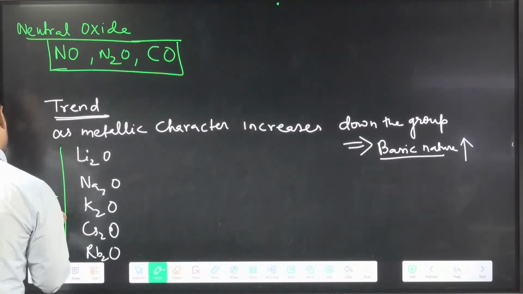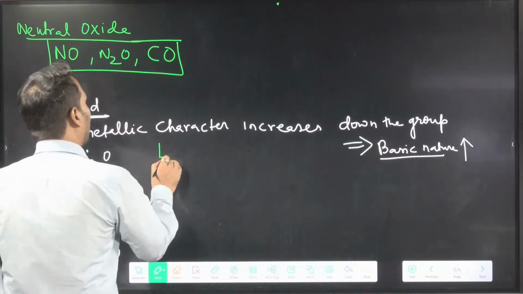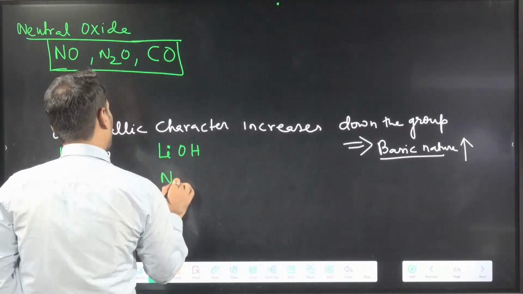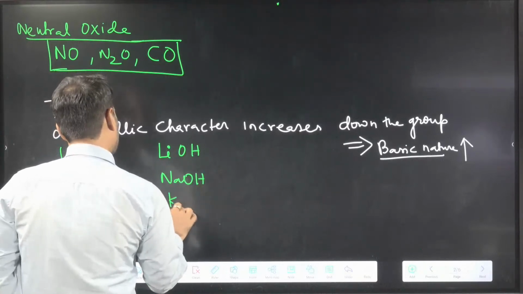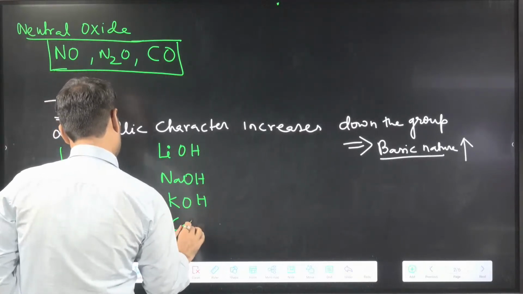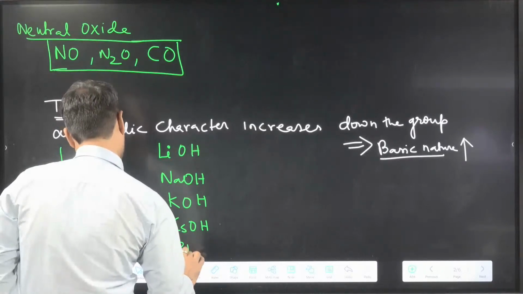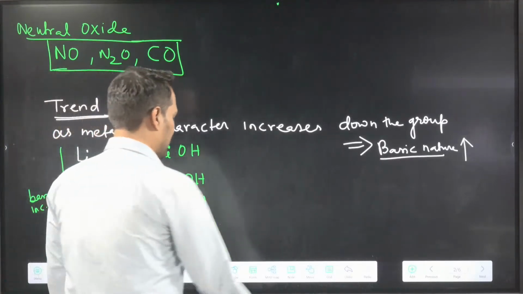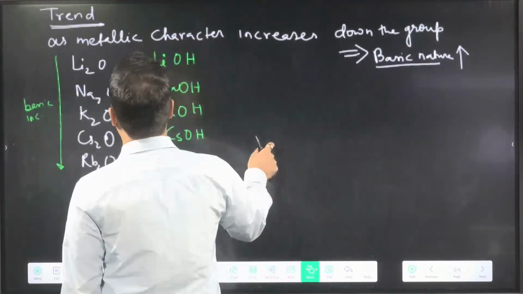Basic nature increases. The same thing is valid for hydroxides also. If they say LiOH, NaOH, KOH, CsOH, RbOH, you have to follow the same thing. So top to bottom, basic strength increases. Is this point clear?